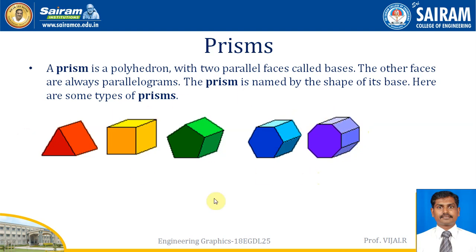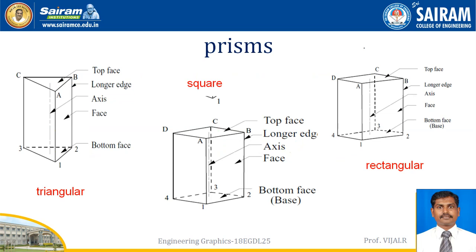We call these prisms. We name them by the shape of the base: triangular prism, square prism, pentagonal prism, hexagonal prism. Prisms are named with the shape of the base.